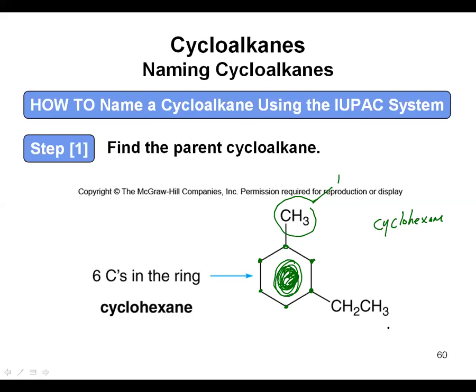Now, we do want to number this chain as well to give the locations, and we want to go with the smallest number. So if we start here, this is carbon 1, 2, and 3. That would give us groups at 1 and 3. We go the other way, you may be saying, if I go 1, 2, and 3, I end up with also 1 and 3.